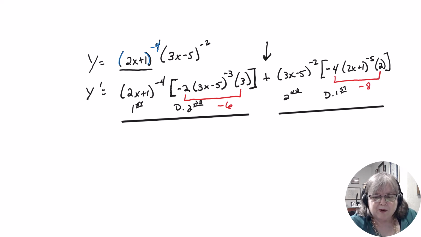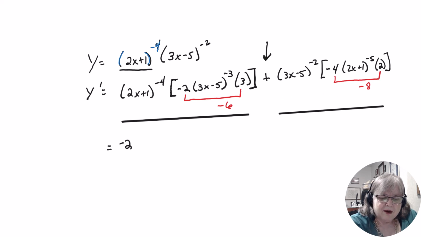So what's in common between a negative 6 and a negative 8? How about a negative 2, right? Now, let's look at the binomials. So here, let's look at the 2x plus 1s.